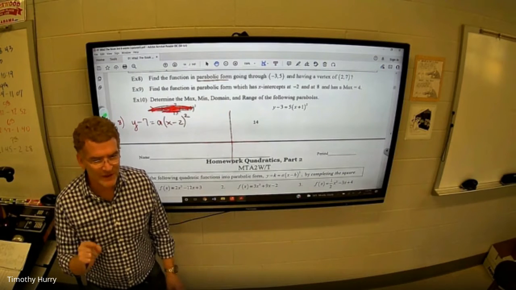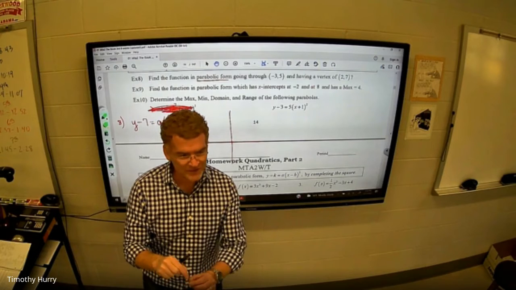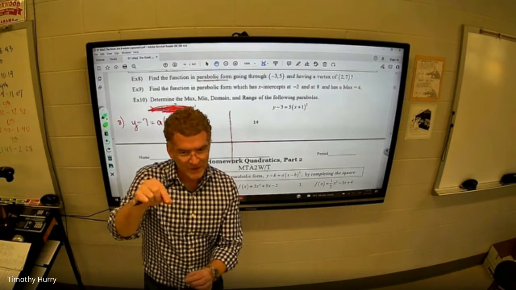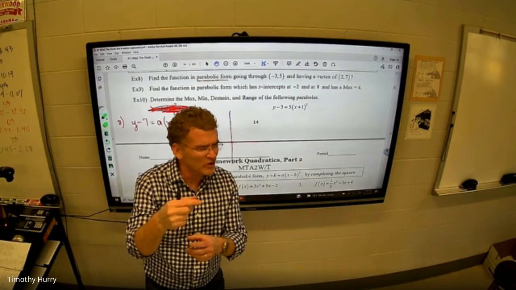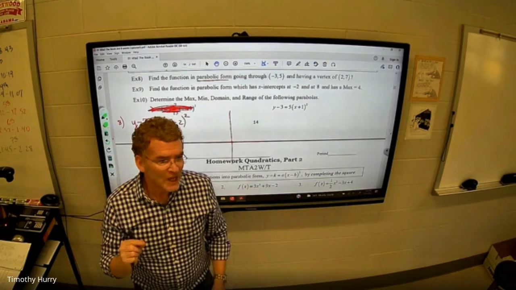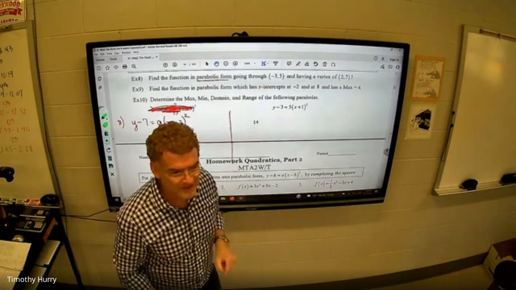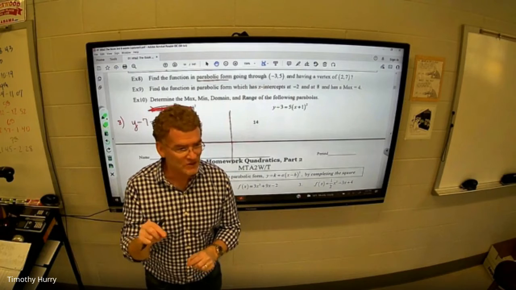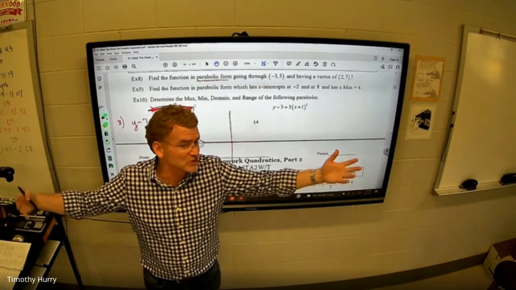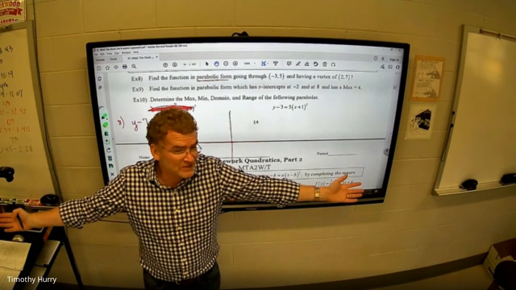Now he said slope. Do you remember when I did the cheap trick? I took the A value and I went up over 1, or maybe down over 1, and I found 2 extra points, right? Is there a guarantee that this extra point is one of those 2 points, or could it be just another random point out there? Might be just another random point out there.